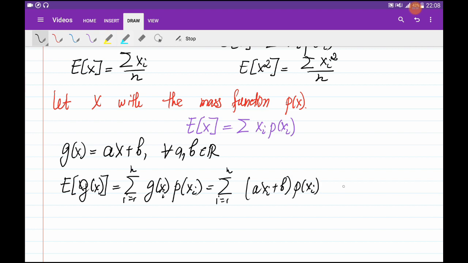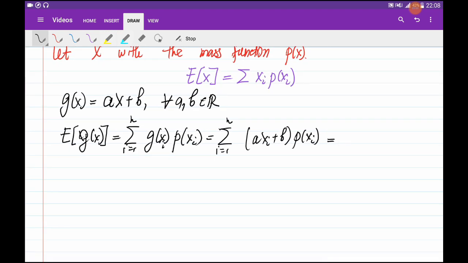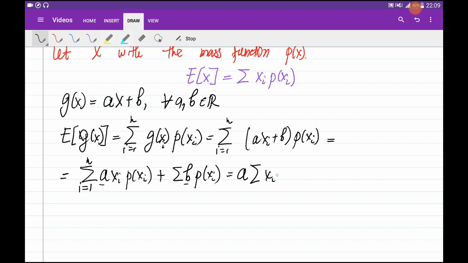Since this is a summation, I can split it into two parts. We can write it as the summation i from 1 to n, axi multiplied by p of xi, plus the summation of b multiplied by p of xi. Since a and b are constants, we can take them out of the summation and get a multiplied by the summation of xi p of xi, plus b multiplied by the summation of all the probabilities.